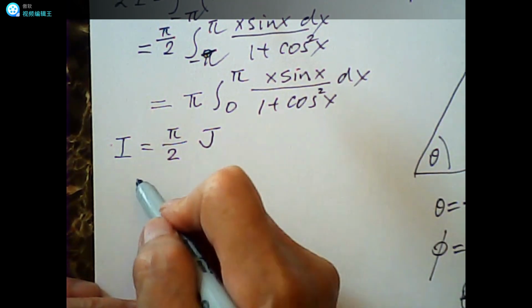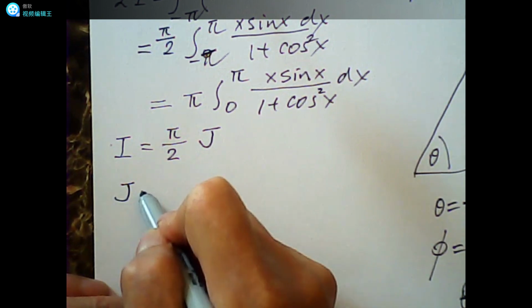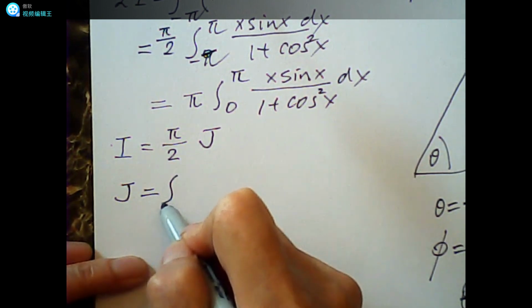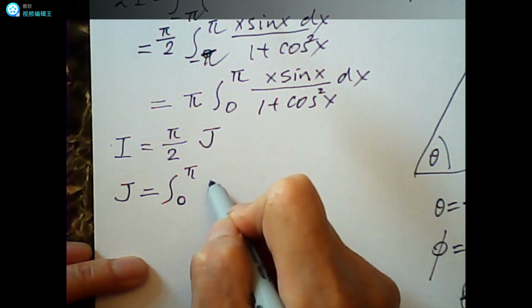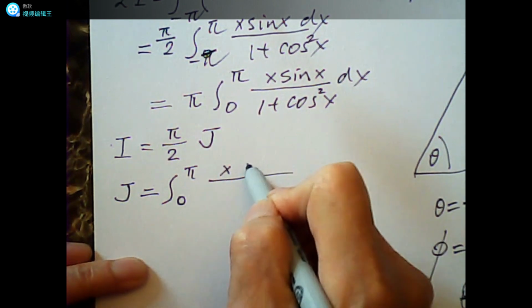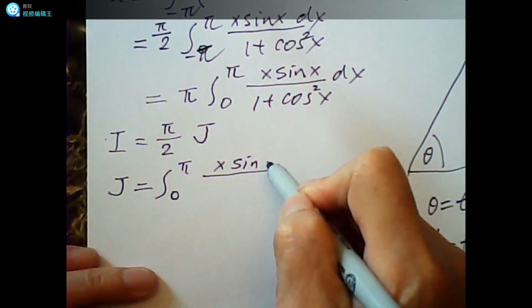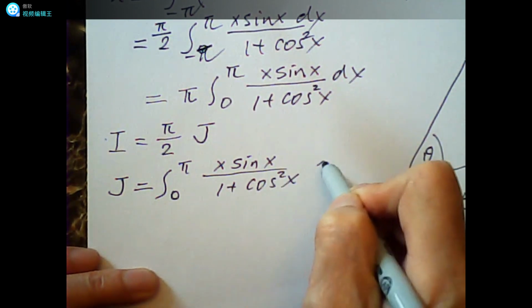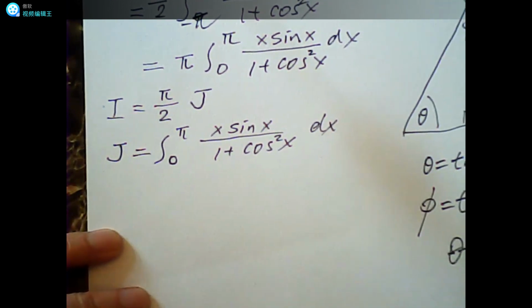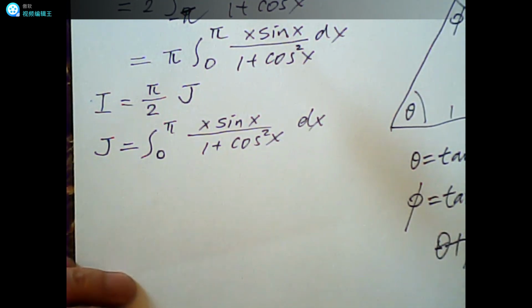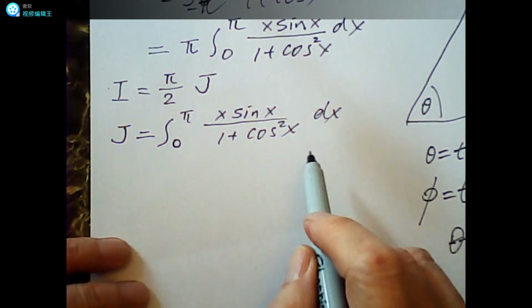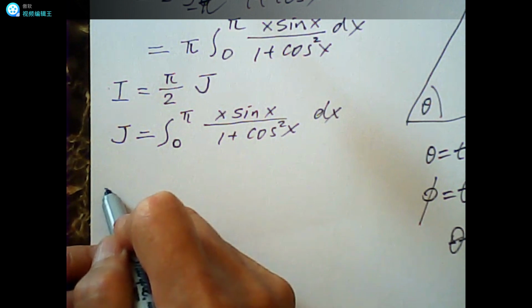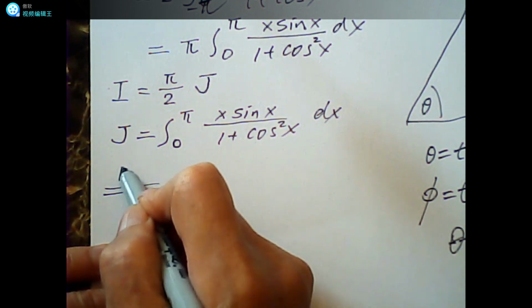Okay. J is equal to the integral from 0 to pi of x sine x over 1 plus cosine square x dx. Now let me use two methods for J. The first method, method 1.